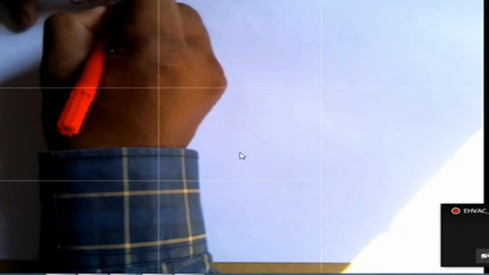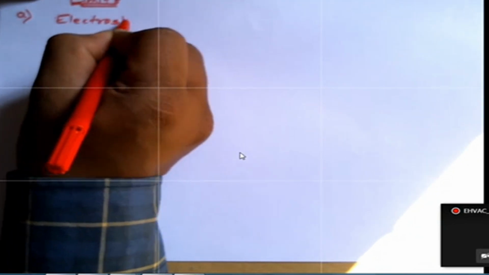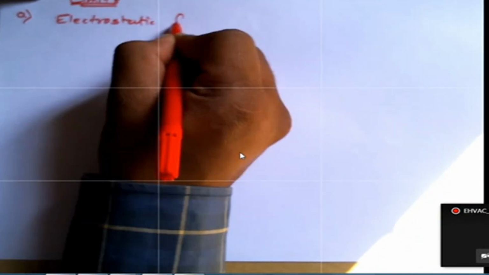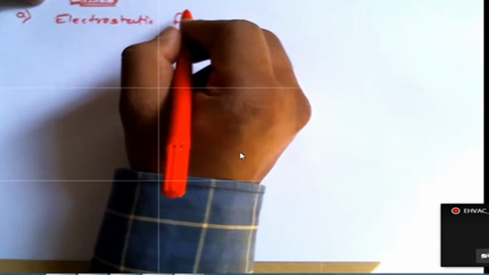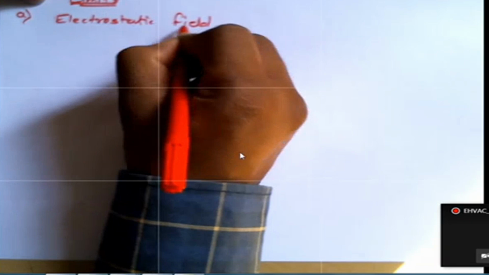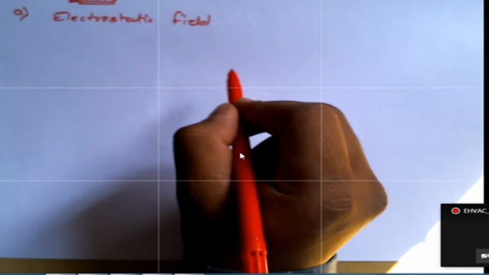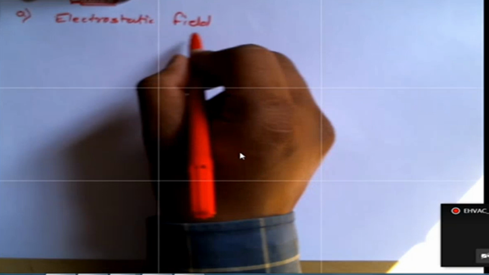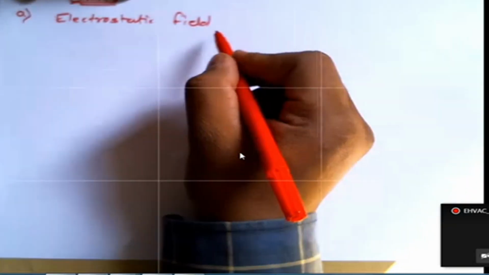Let us move towards the next topic, that is limits, which are governed for the design of transmission line and width of the line. So which are the limits? The first one is electrostatic field. If we consider the ground level, the value of electrostatic field should be 15 kV per meter.